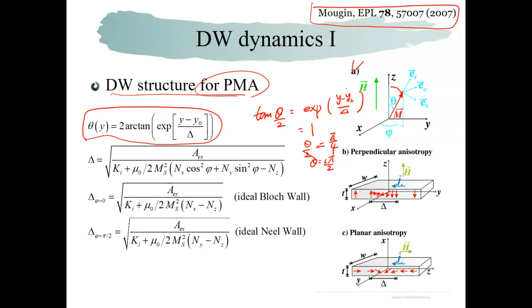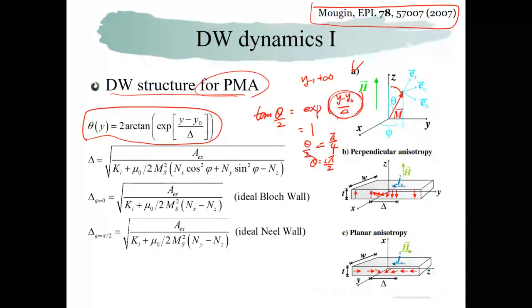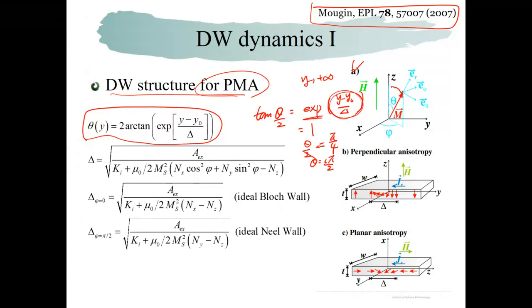Okay. And in other words, if we go to plus infinity from the domain wall center, then this number gets large, and the exponential term gives us infinity. So in this case, tangent theta over 2 is infinite, which means theta should be plus minus pi.